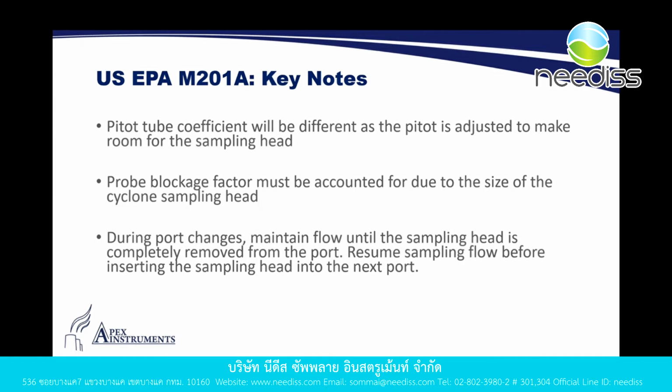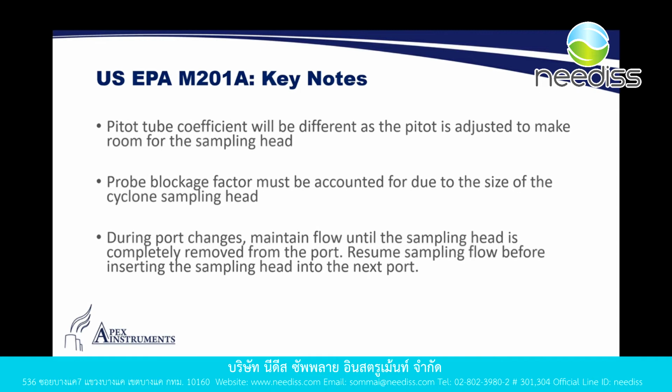So just as a point, the EPA for Method 5 allows a default pitot coefficient to be used for all pitots. Method 201A specifically says that the pitot to be used for Method 201A must determine its coefficient via wind tunnel calibration.